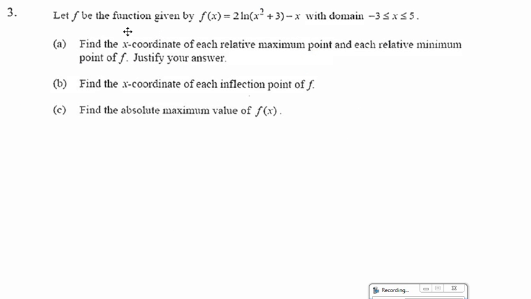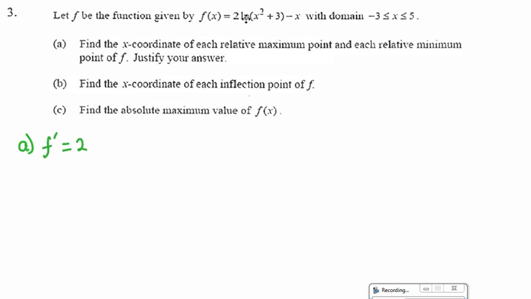Number 3. Find the x-coordinate of each relative maximum and relative minimum. Now here, relative maximum and relative minimum can be found by the first derivative. So let us try to find the first derivative together. The 2 is already there.